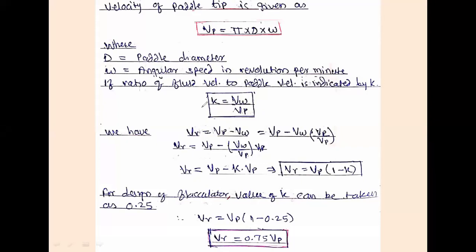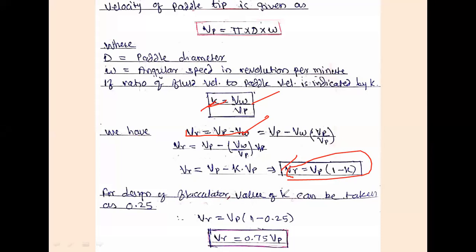Here, write this formula. Then directly you can write this one formula and then this formula. Vr is equal to Vp in bracket 1 minus k.